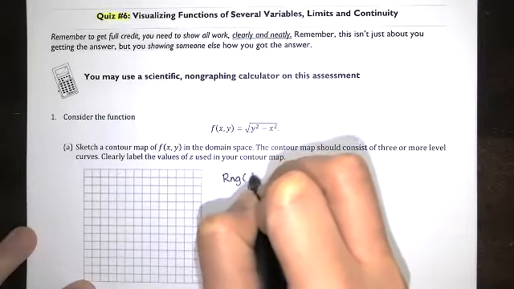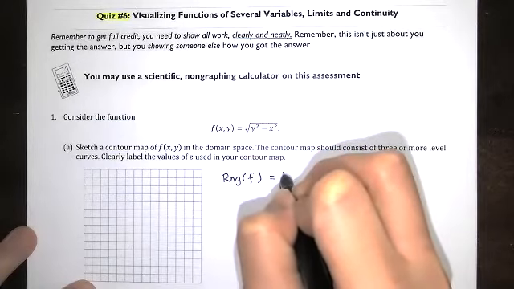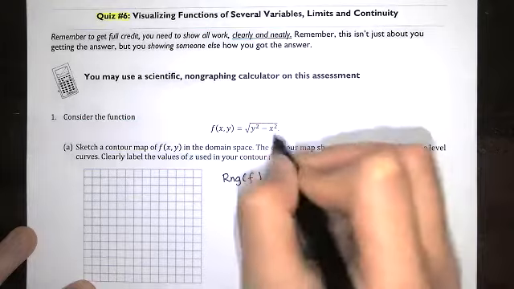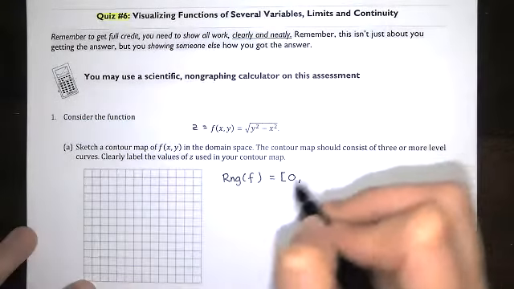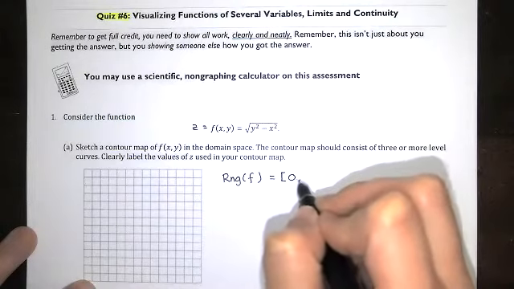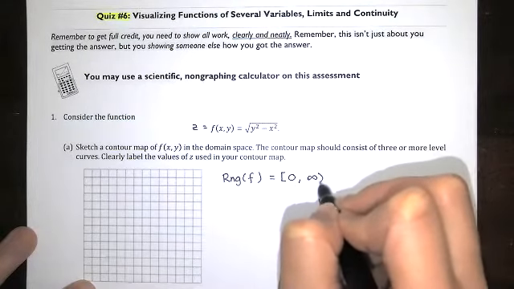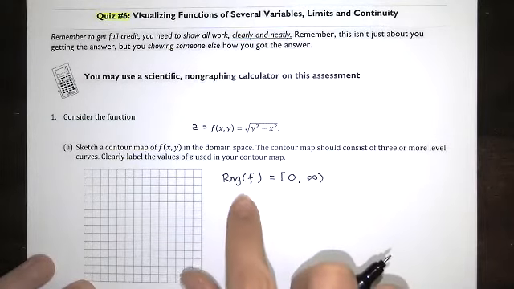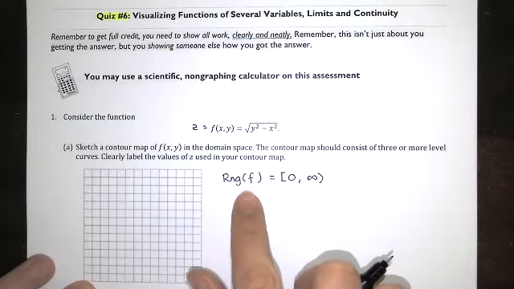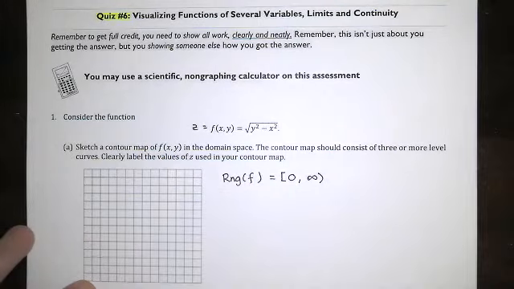So I identify that. So the z values, if this is z equals f of x, y, the z values are some number between 0 and infinity. And that's important because I need to choose values in the range for my contour map.